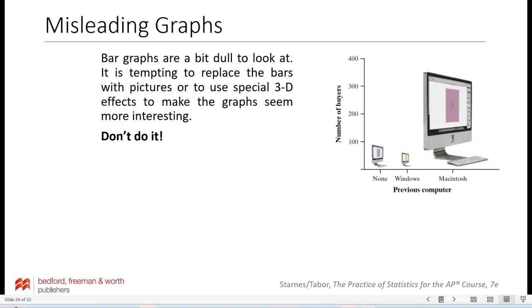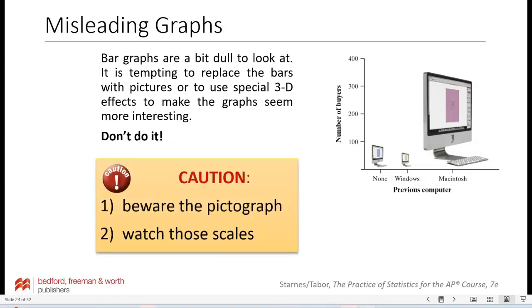The area is not representative of the disparity there because the Macintosh is like 350-ish, whereas the Windows is, I don't know, 0.75. So it should be like 5 or 6 or something, but not 20 of those little guys that fit in the big guy.